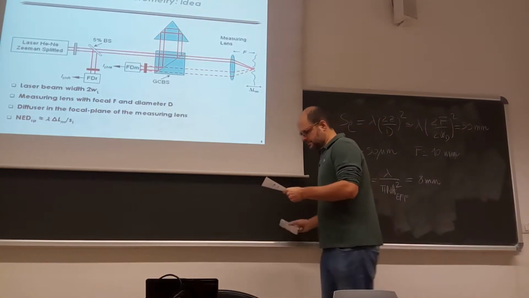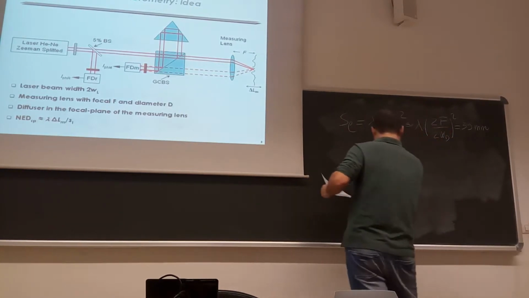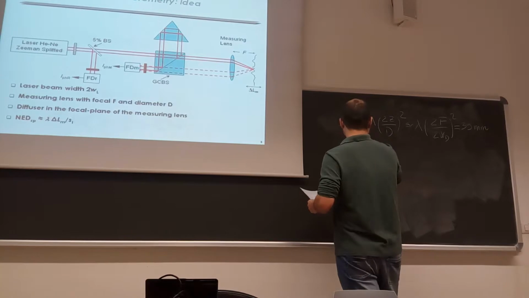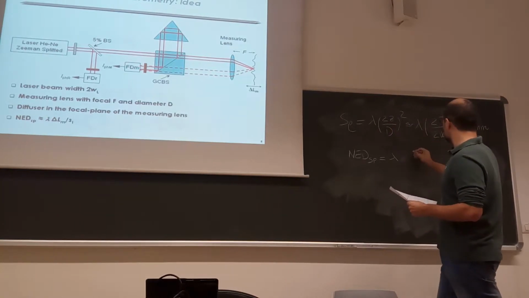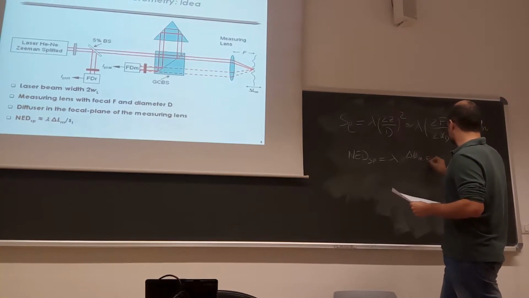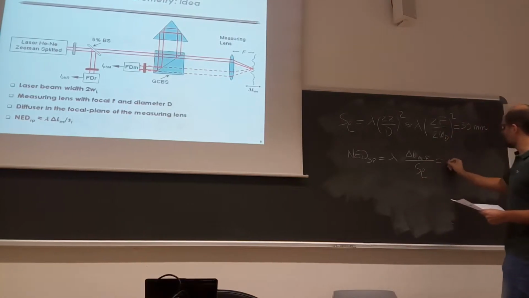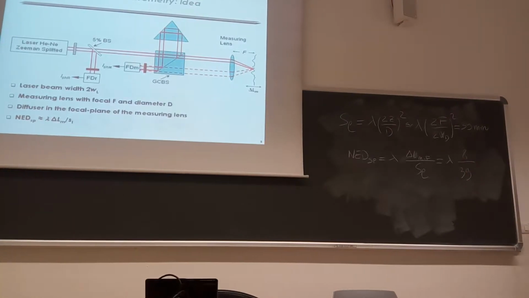And so what we get is that the NED, the noise equivalent displacement of the speckle, is given by the wavelength divided by the ratio of dz over dl, the focus. So we have lambda multiplied by 8 divided by 39, which is 1 over, let's say, 5, more or less.